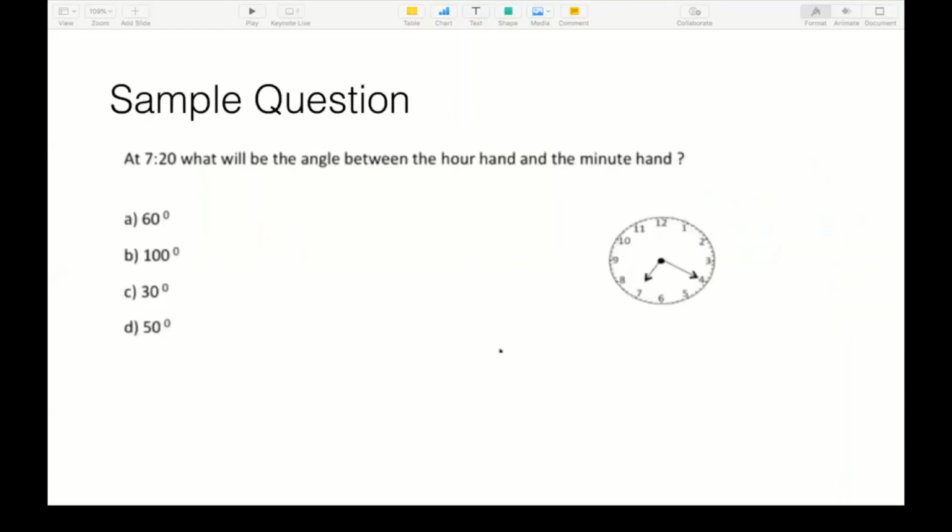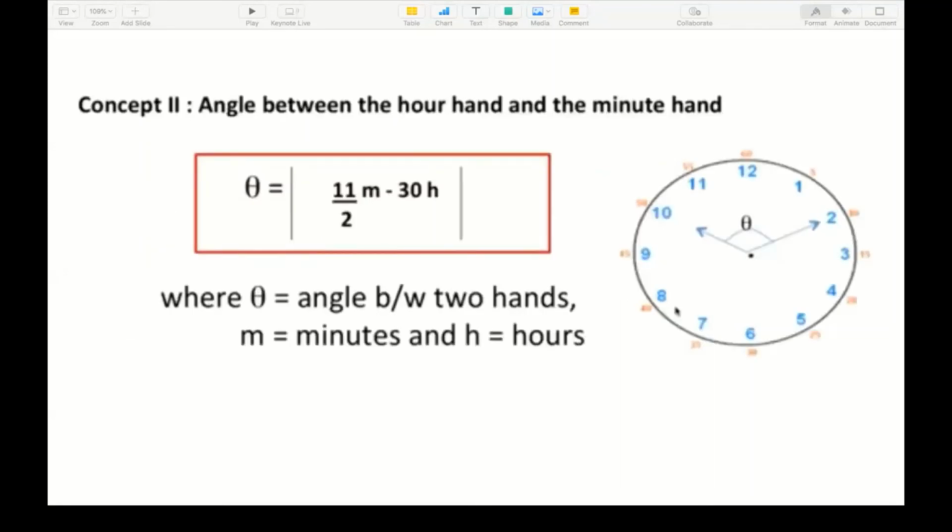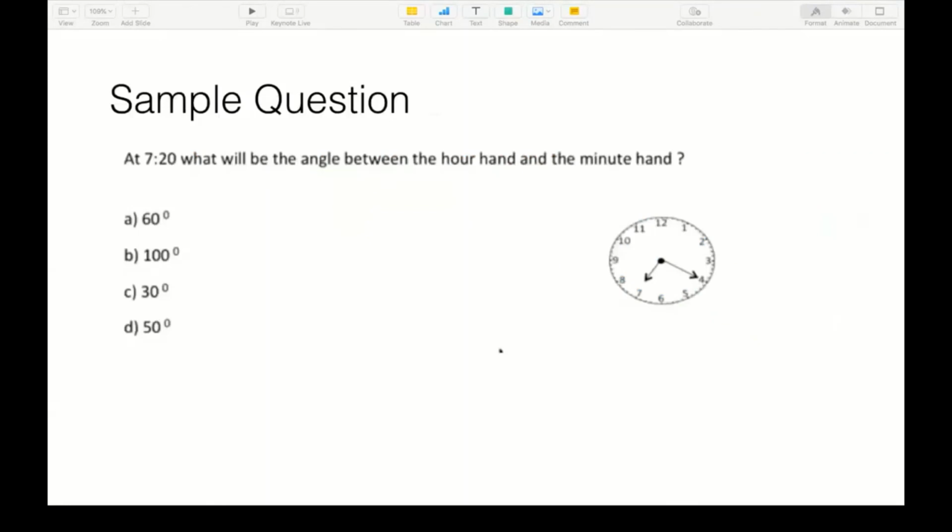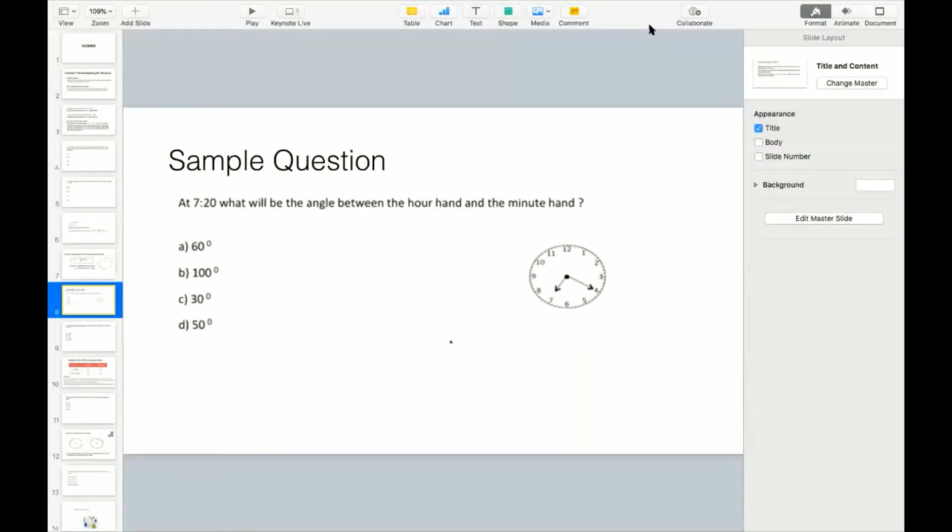So you just need to put the values in this formula and you will get the answer. Clear? So quickly try to solve this question. What is the angle between the hour hand and the minute hand at 7:20? The time is 7:20, and use this formula. 6 people have responded till now.